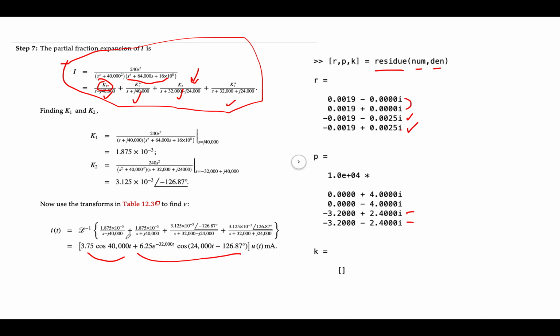In the first case, because you didn't have any imaginary component, that cosine function didn't have a phase shift. In the natural response part, it does have a phase shift.